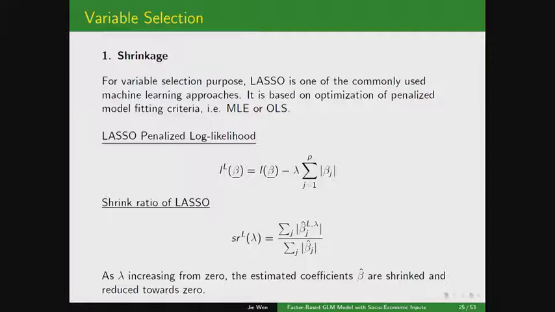So it also estimates the coefficients following some objective function. For example, here we use MLE, so the Poisson log likelihood function is our objective function.